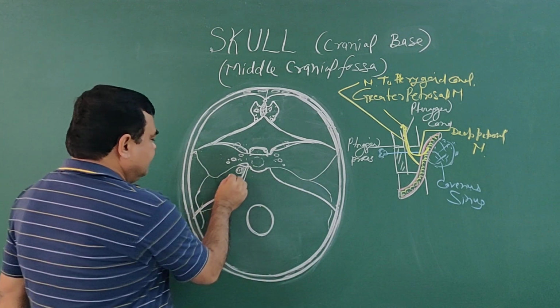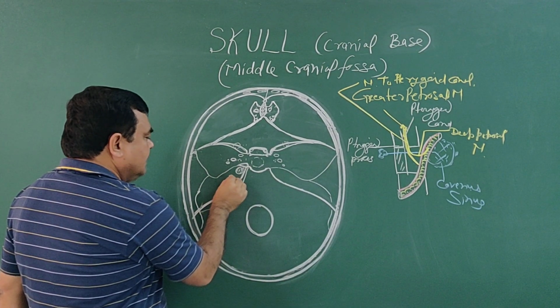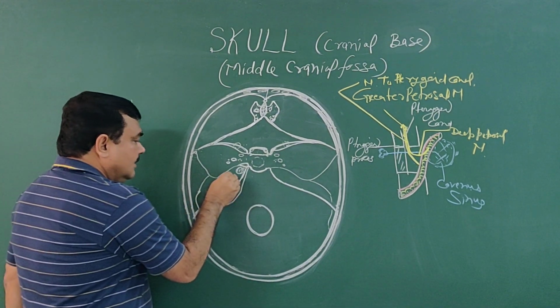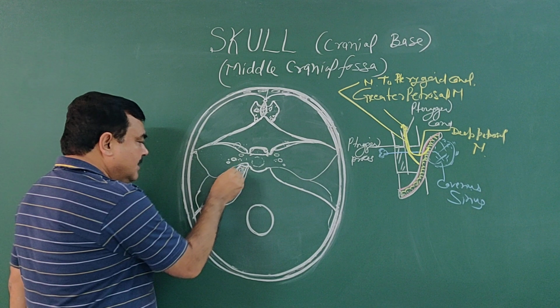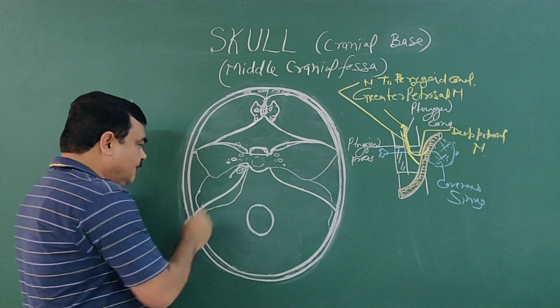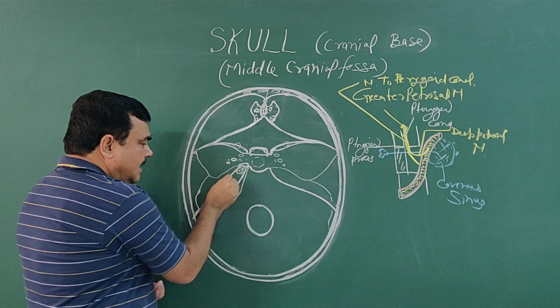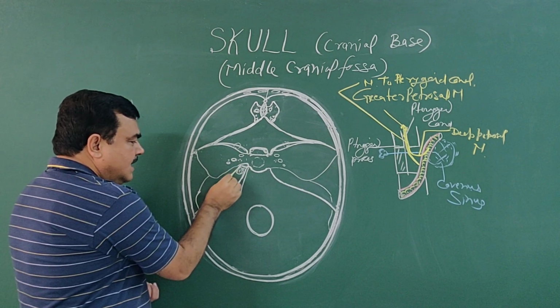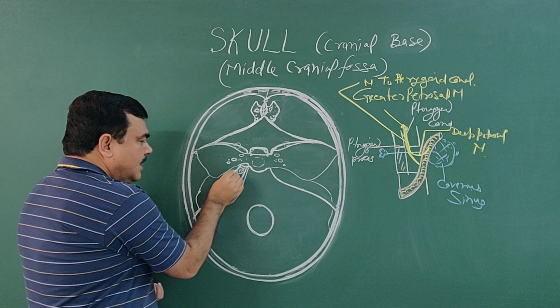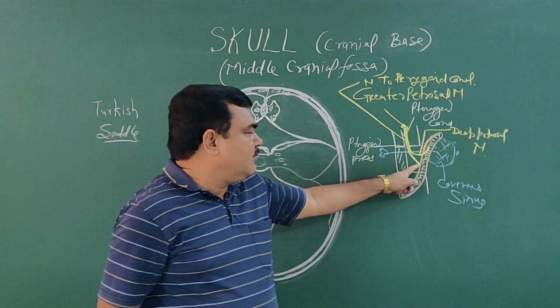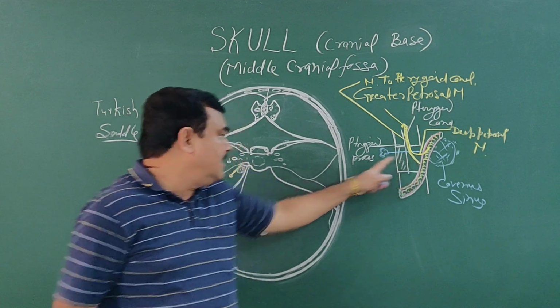And the important thing here is the hiatus and groove for the greater petrosal nerve. This is the opening in the hiatus, and this is the groove. This is the greater petrosal nerve, which is a branch of the facial nerve.